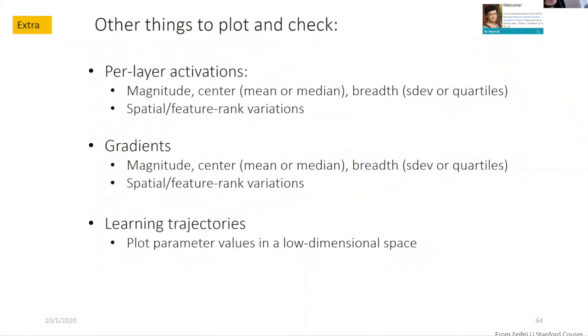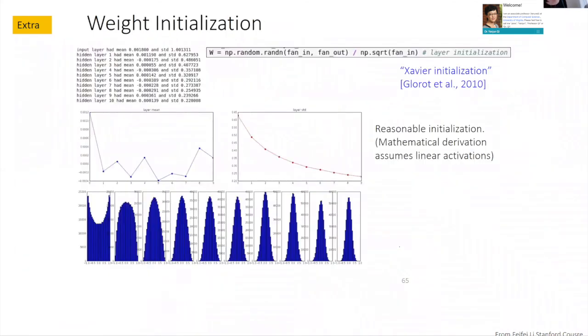So those are all very great tools to sanity check your model. And also weight initialization is extremely important in deep learning. It seems not very important in our linear regression based gradient descent type of optimization, but it is extremely important in the deep learning type of optimizations.